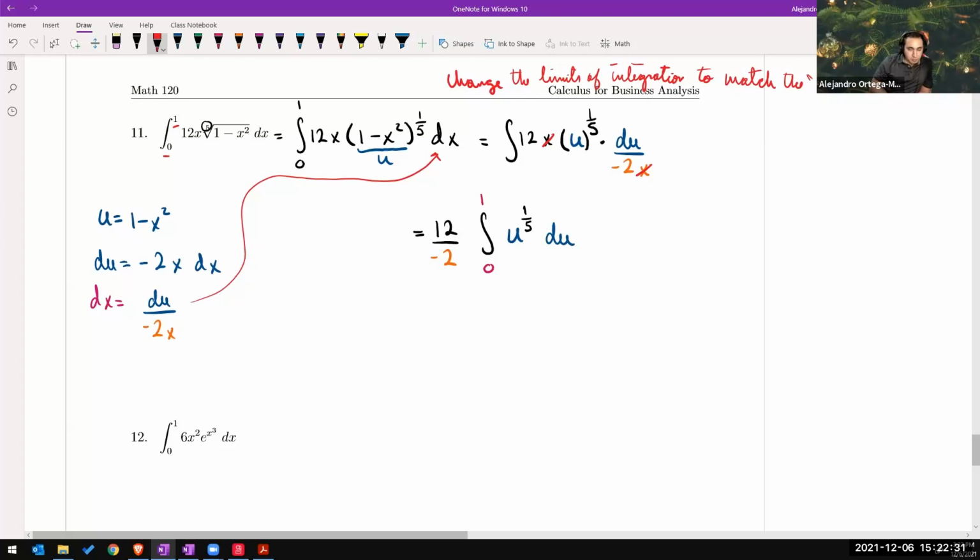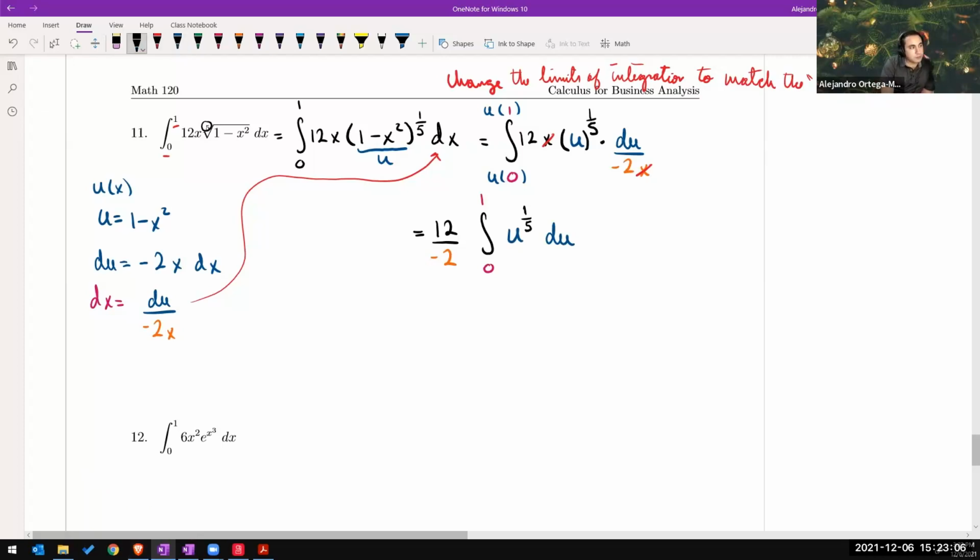Now, is that a complicated process? Not really. The bounds right here, which were originally 0 and 1, are now going to be the value of u at 0 and the value of u at 1. Because remember, the u's that we're selecting are functions of x. That's how we see the u is 1 minus x squared.